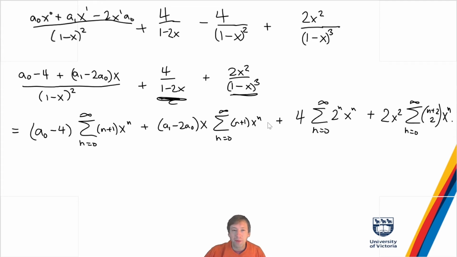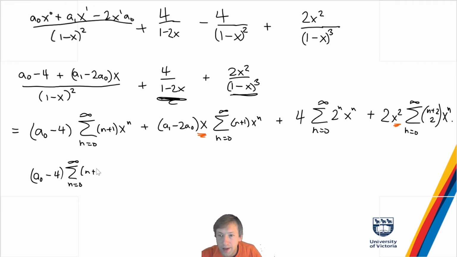Okay, now we've got all these x's in front of stuff like this one and this one. We need to pull these in and shift all the indices to make it all match up. So I've got a0 minus 4, n equals 0 to infinity, n plus 1 x to the n, plus a1 minus 2a0.